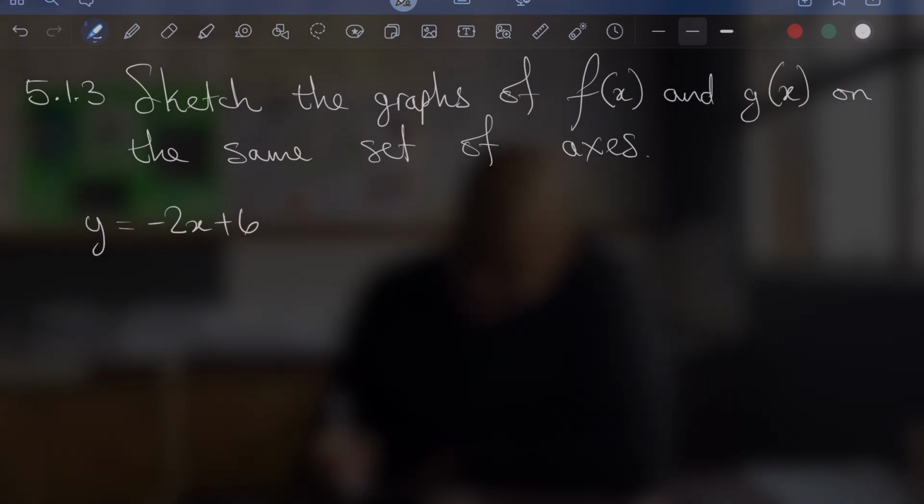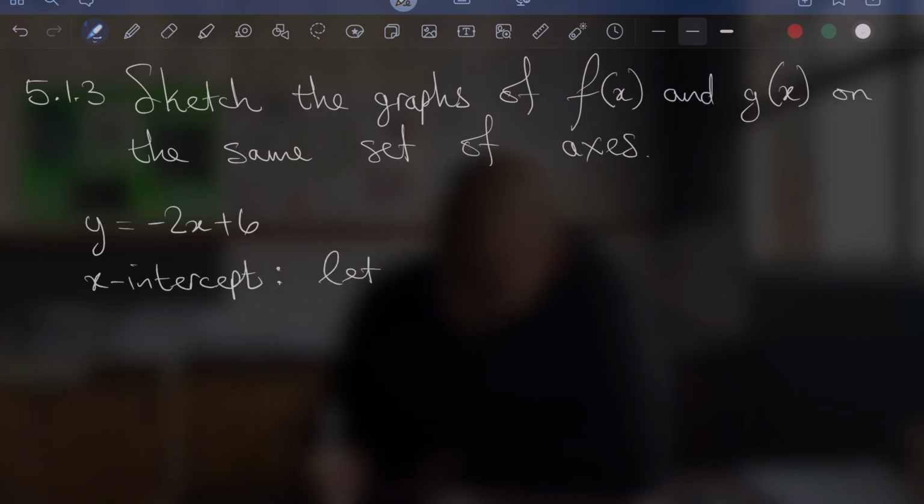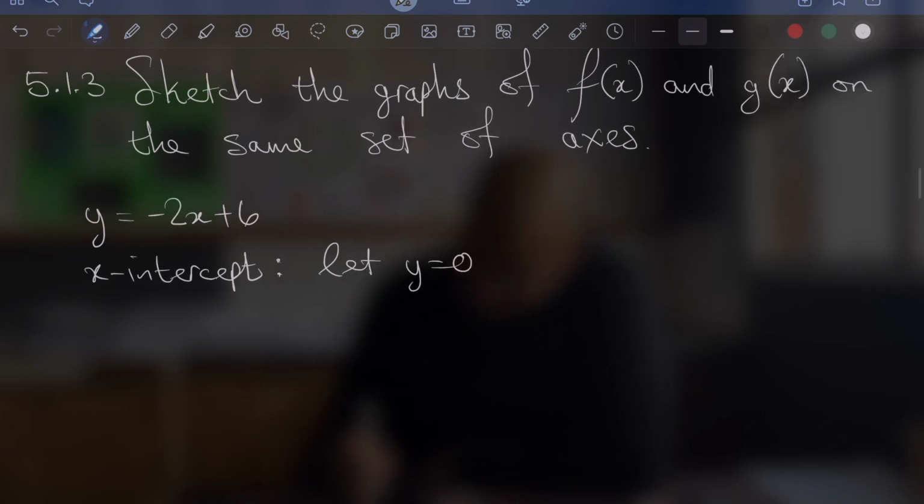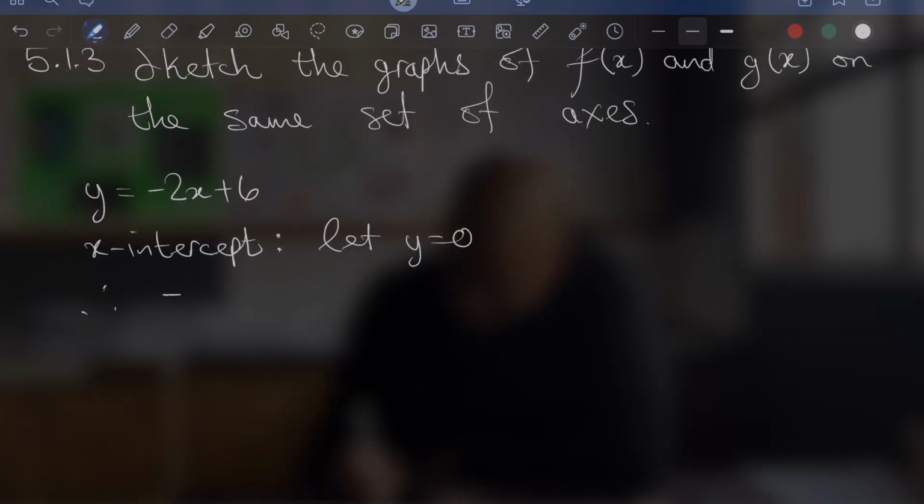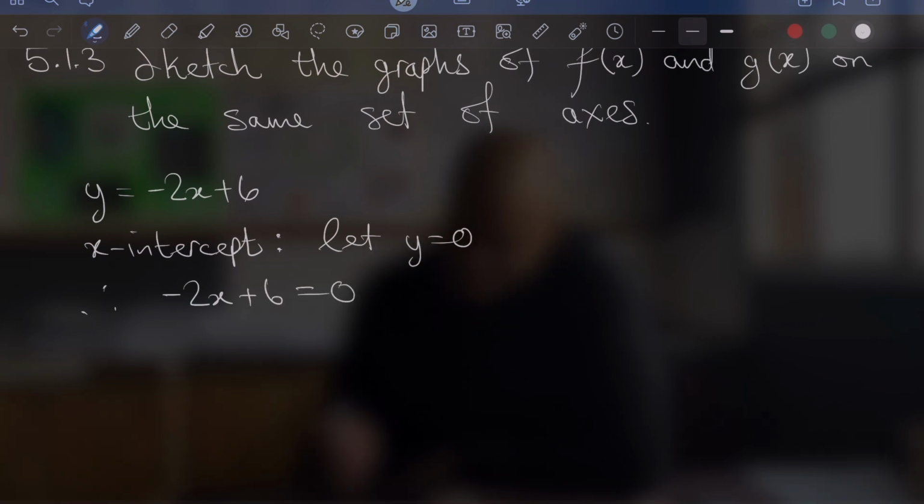So to work out the x-intercept, let y equal 0. So I've got negative 2x plus 6 equals 0, where the y used to be.